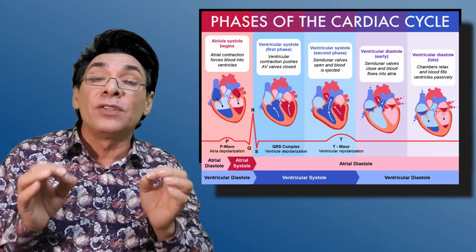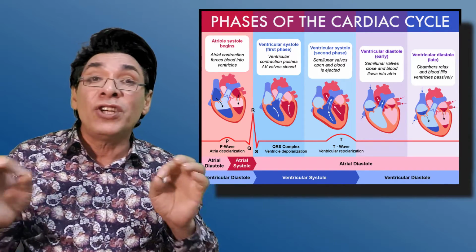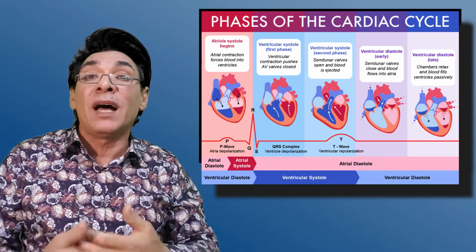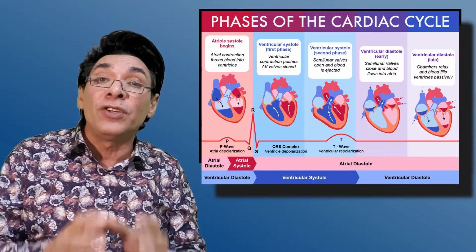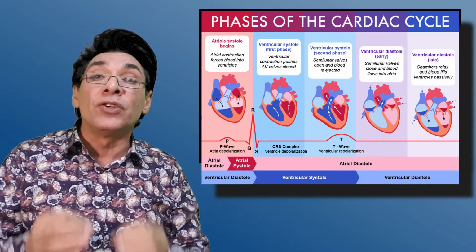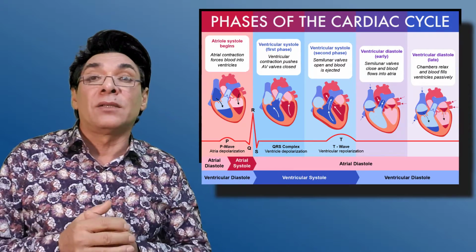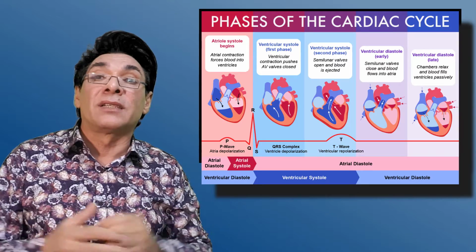Since the atrioventricular valves remain closed at this point, there is no change in the volume of blood in the ventricle. So, the early phase of ventricular diastole is called the isovolumic ventricular relaxation phase, also called isovolumetric ventricular relaxation phase.